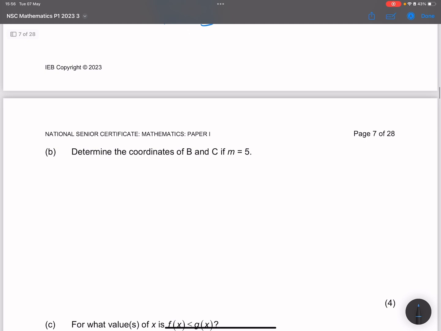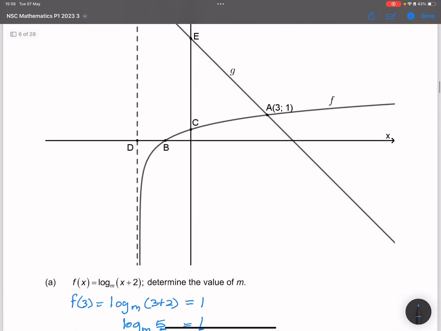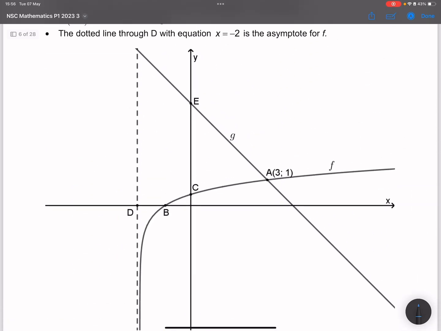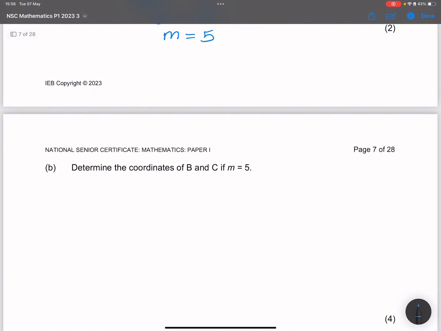Now they say to us, determine the coordinates of b and c, if m is equal to 5. Now let's do that. What's happening at b and c? Remember, they said to us that's the x and the y intercepts. So let's start with the x-intercept.